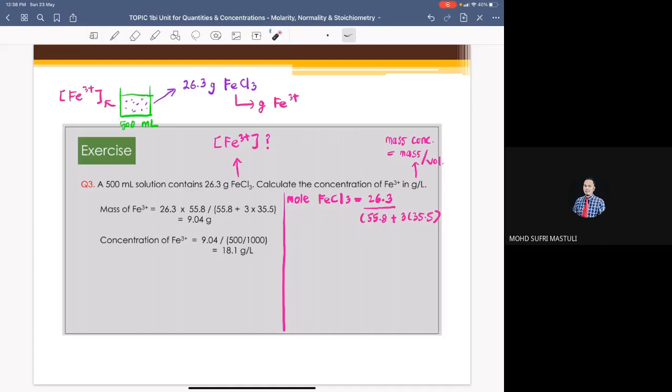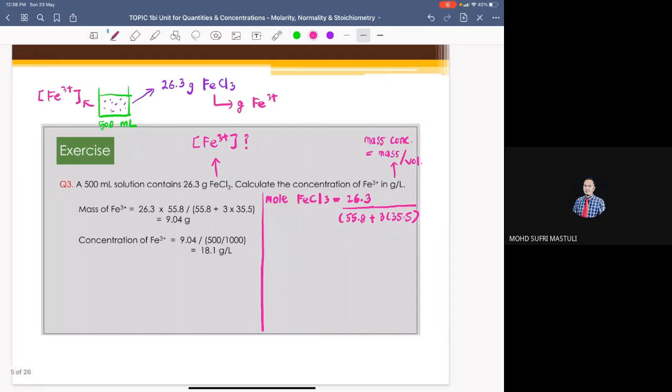This one is the atomic mass of Fe, and this one is the atomic mass of Cl, which can be obtained from the periodic table. So you have to calculate the mole number of FeCl3, because later you have to calculate the mole of Fe3+ in FeCl3.